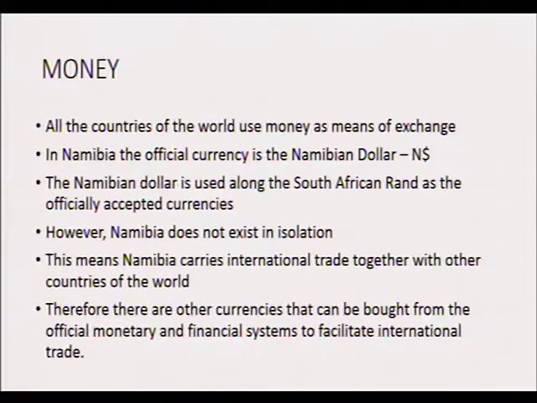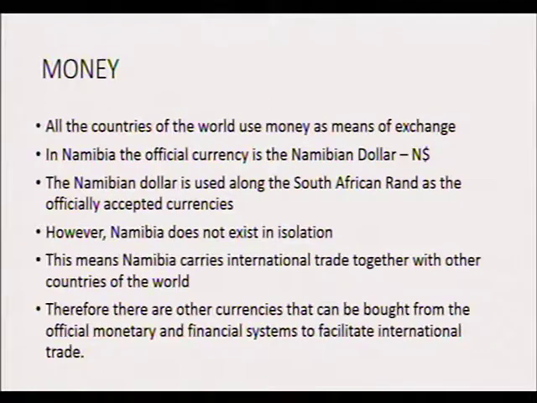Money is one of the most important concepts in economics as well, because all countries of the world use money as a means of exchange. In Namibia, the official currency we use, as we all know, is the Namibian dollar. The Namibian dollar is used alongside the South African rand.